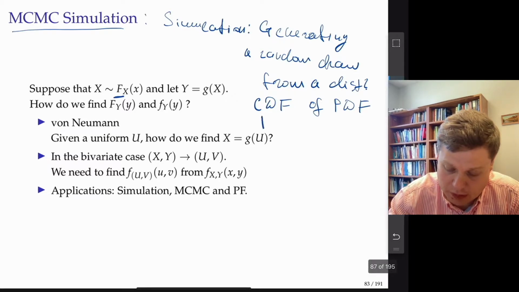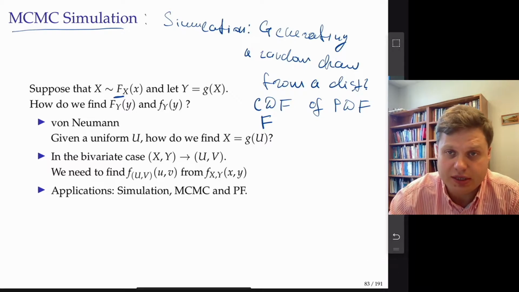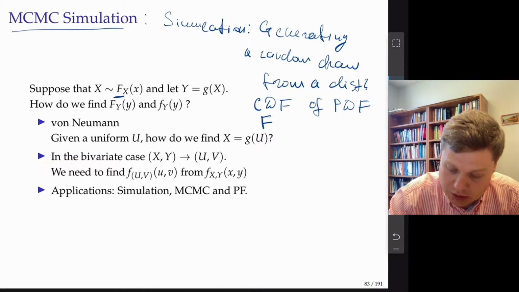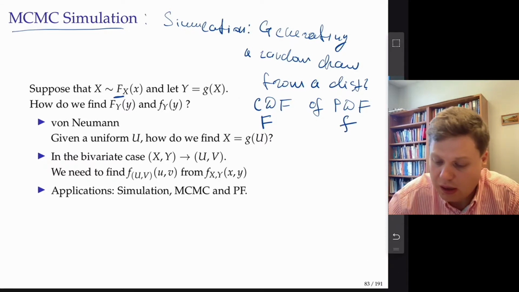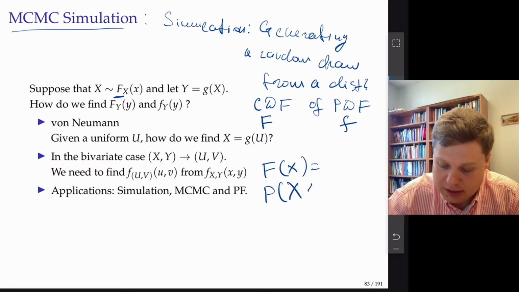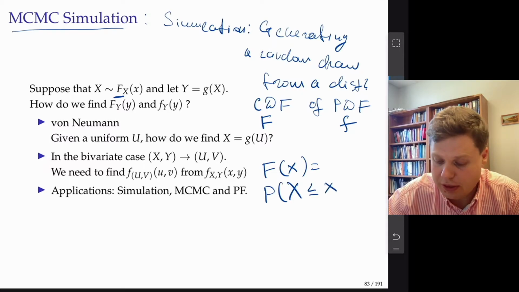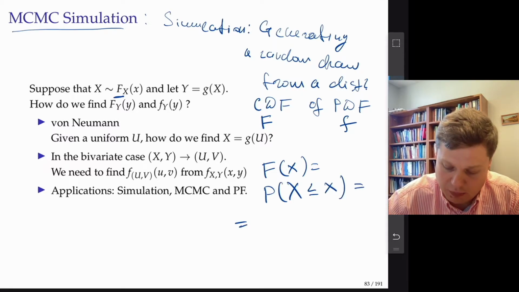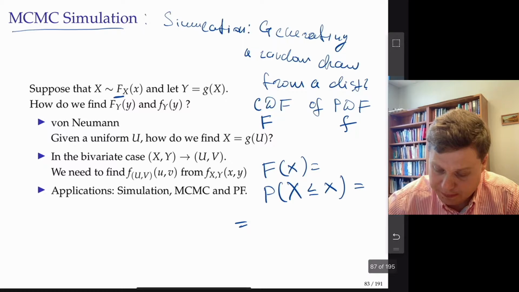So we're going to use capital F for the CDFs, and we're going to use small f for the PDFs. So F of x is basically the probability that a random variable x takes a value smaller or equal than small x, and we can calculate this value using the density function.